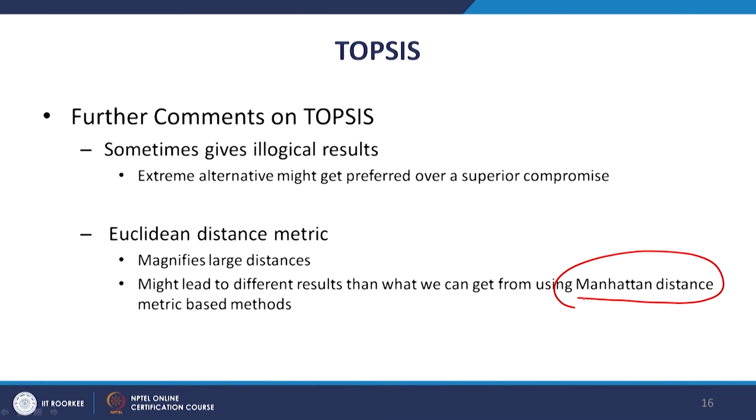So, in a way, the particular scores which have higher values will dominate the overall computation and therefore the overall results. This has been one limitation of the Euclidean distance. That is why if you compare the results that you get using the Euclidean distance with the results that you might get using the Manhattan distance, the results might be different. So, this is another limitation.